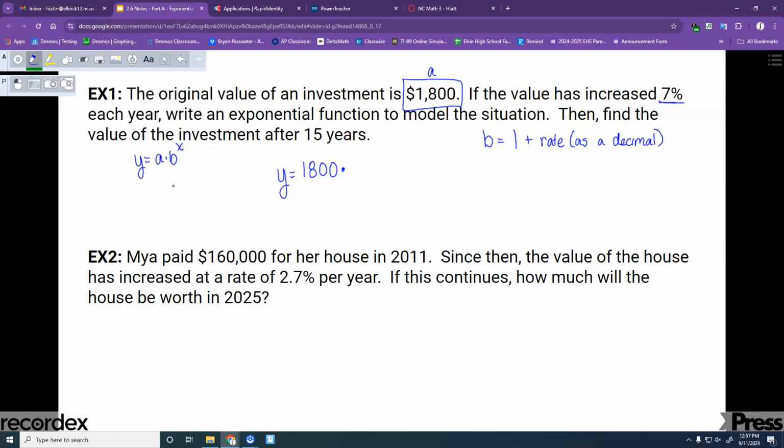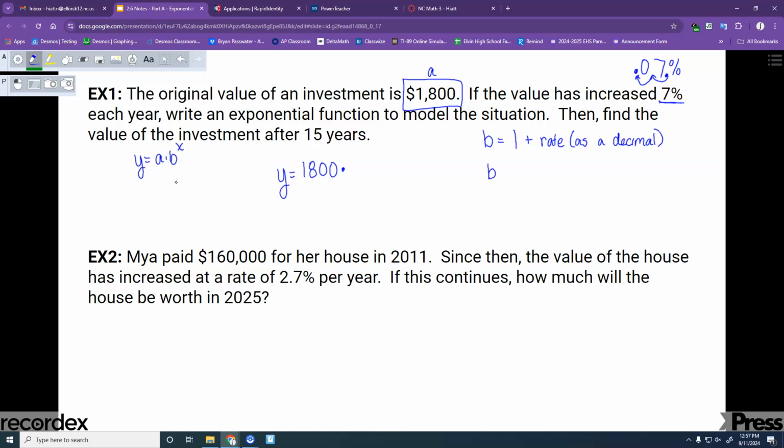So the first thing that I need to do is take 7% and change it to a decimal. I'm going to move the decimal 2 places to the left, so I end up here. I've got to fill in that open hole with a 0. So 0.07 is my rate as a decimal.